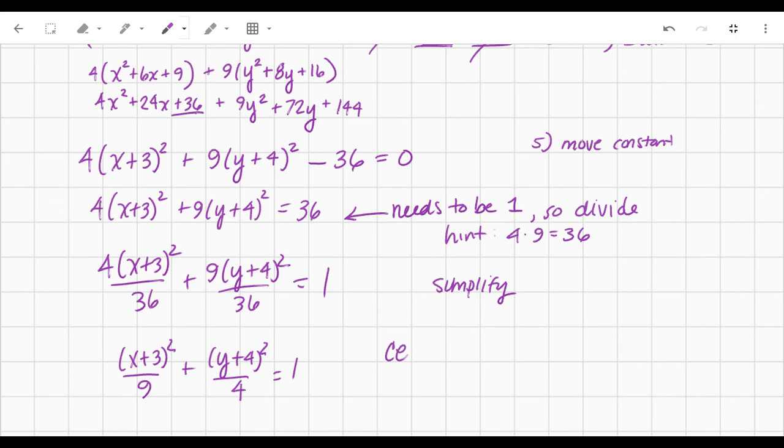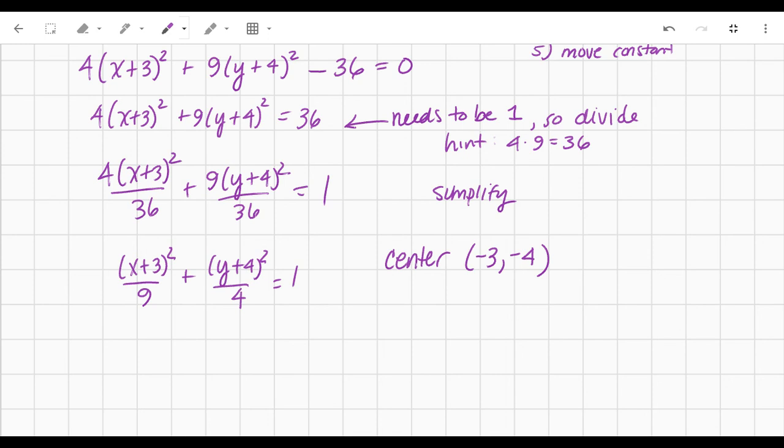So our center is at -3, -4. In the x direction, we move the square root of 9, which is 3. In the y direction, we move the square root of 4, which is 2.